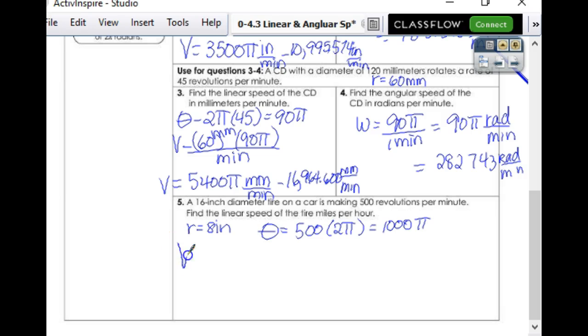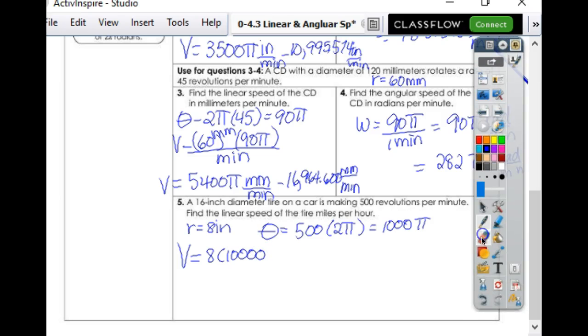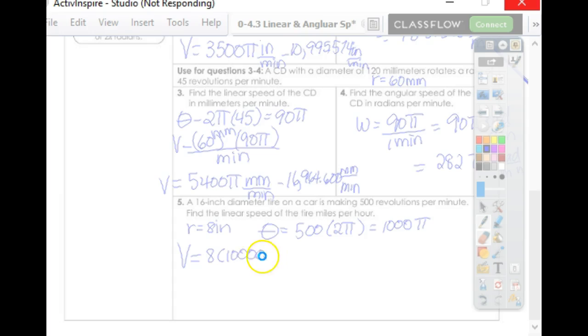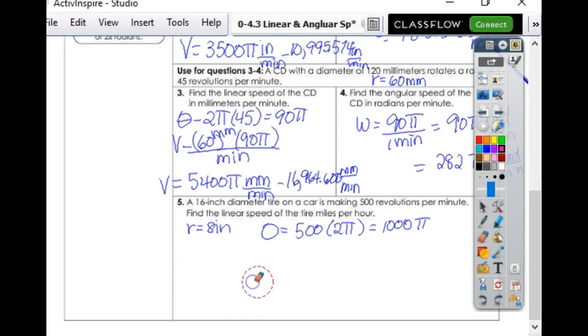So now I'm going to take theta times the radius, so I'm going to have 8 times 1,000. Whoops, not 10,000. I'll show you what we're going to do.